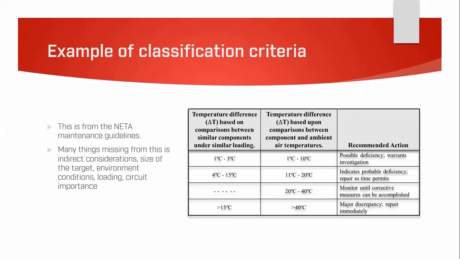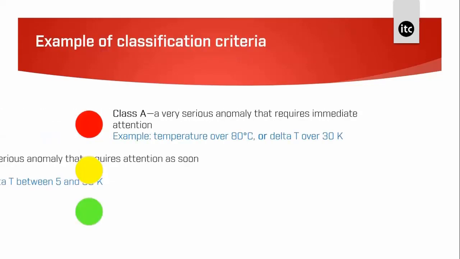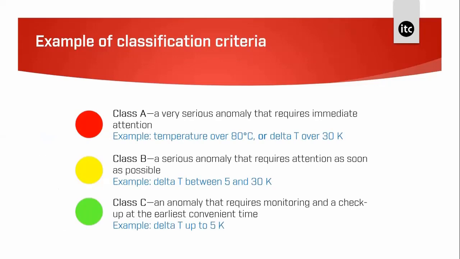If we have a look at another example, and this is the example that we use within ITC, we've got a traffic light system. And the definitions of the class A, B, and C, they don't change. But what does change is where the blue text is. We've got flexibility there to adapt this classification to whatever we're looking at. So a class A is a really serious anomaly that requires immediate attention.